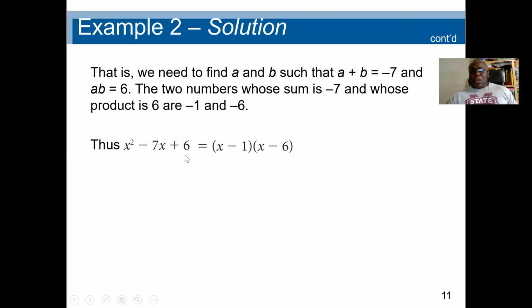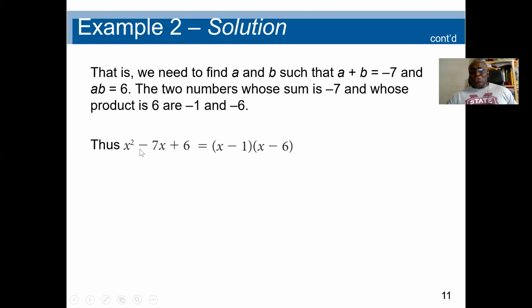So -6 and -1 is good, because -6 times -1 will give me +6, and -6 combined with -1 will give me -7. Yes, I know 3 times 2 is also 6, but 3 plus 2 is not -7, it's 5.